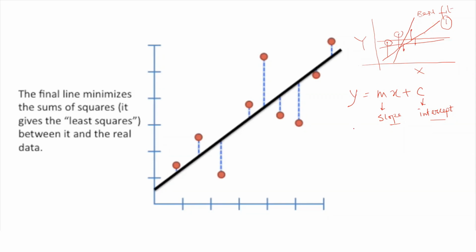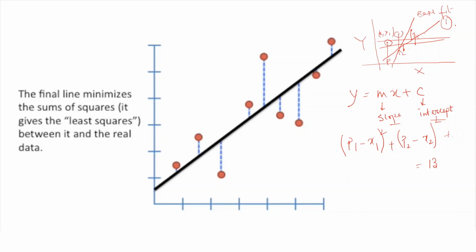You take the squared distance. Say this is your x1, y1, and this is your predicted value p1, then p2, p3 and so on. You find the difference between p1 and x1 and square it, plus p2 minus x2 squared, and you get a value, say 13.